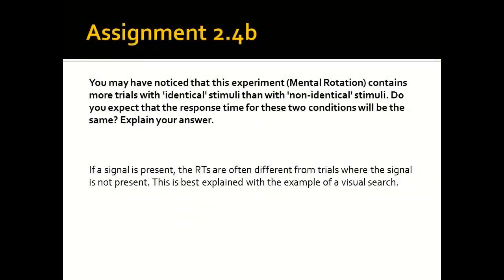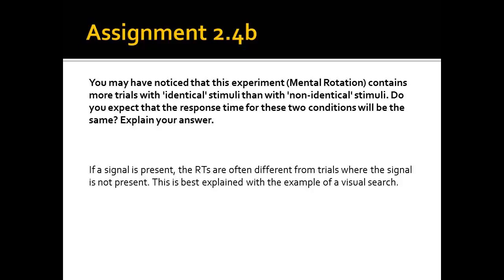So back to our mental rotation task example. If someone's strategy is to look for full similarity, they will continue searching until they have compared the objects in their entirety. But they will be able to stop the moment they find a difference between the objects.